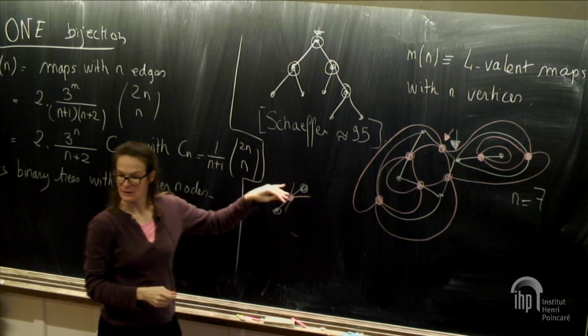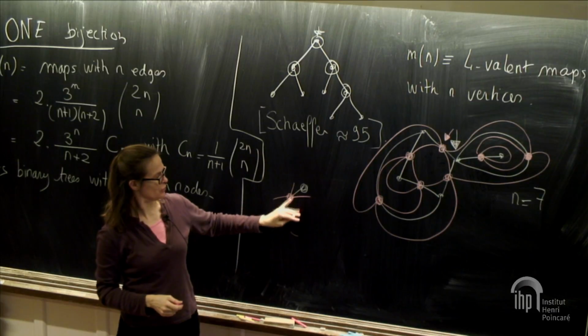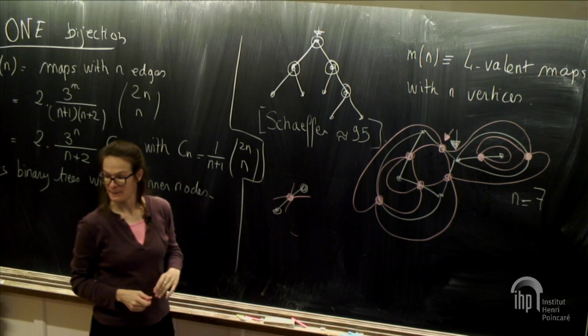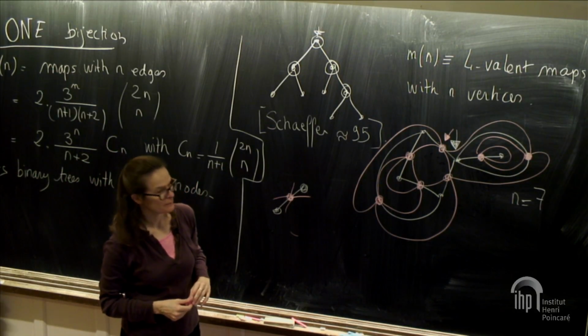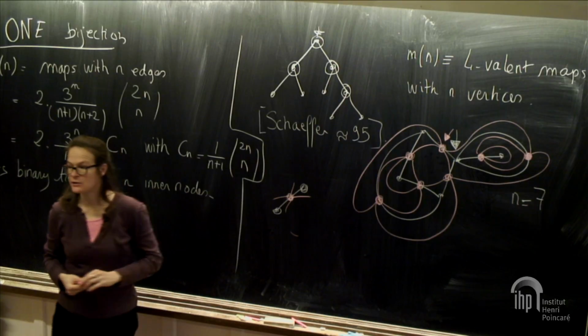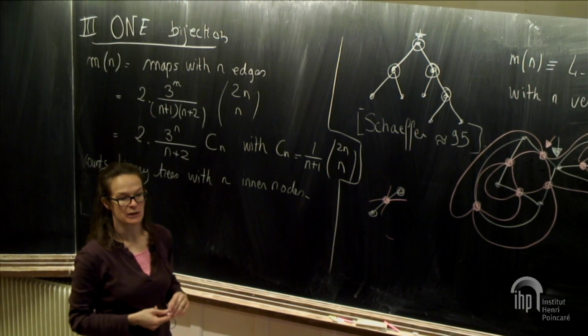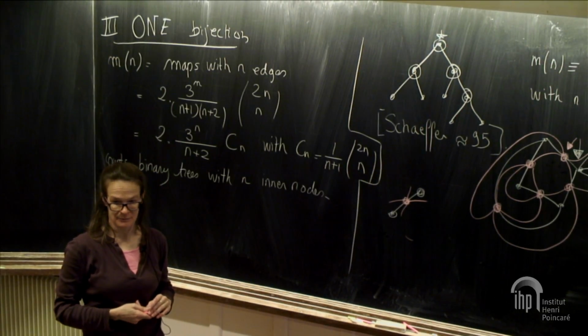These paths inside faces create 2 half edges on each side of the edge. So this means that counting maps by edges is equivalent to counting 4-valent maps by vertices.